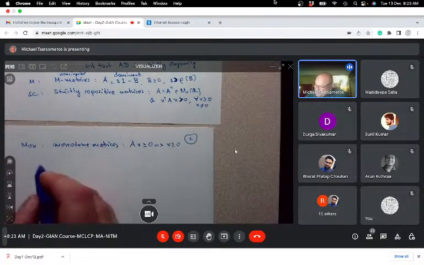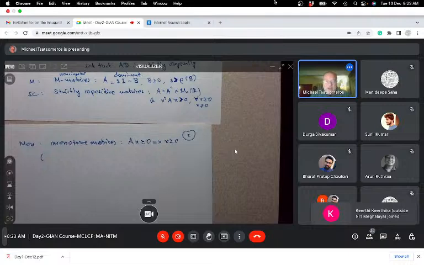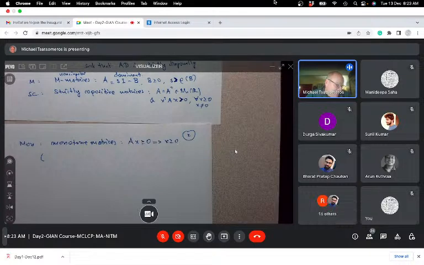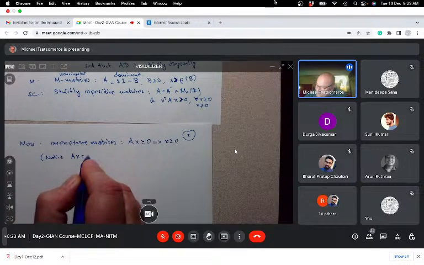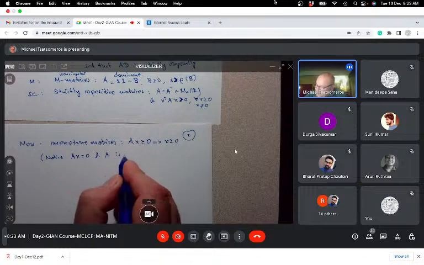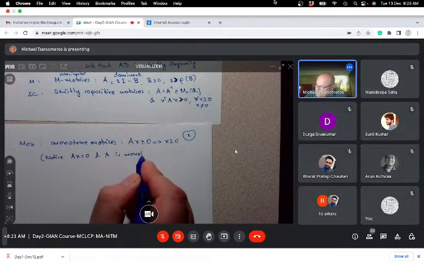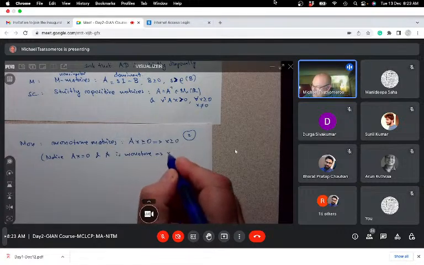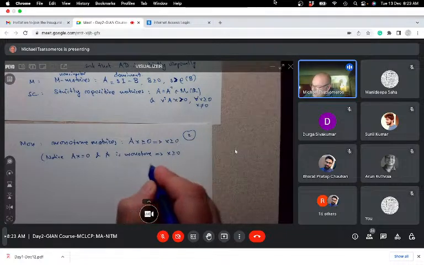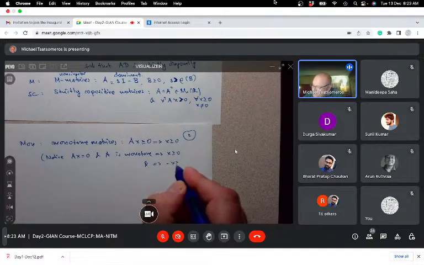So I think that's cute because I always wondered, why do we call them monotone? Well, I guess we can guess a little bit. But let me parenthetically mention that if A times X is equal to 0 and A is monotone, then, of course, A times minus X is also equal to 0. So that implies that X is non-negative, but it also implies that minus X is non-negative, right?